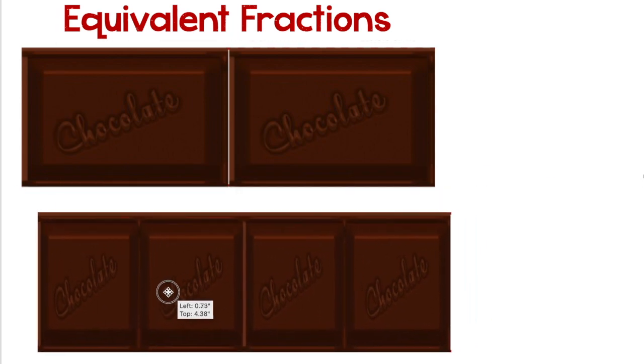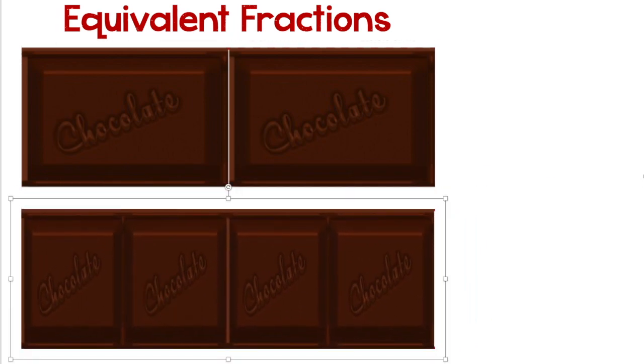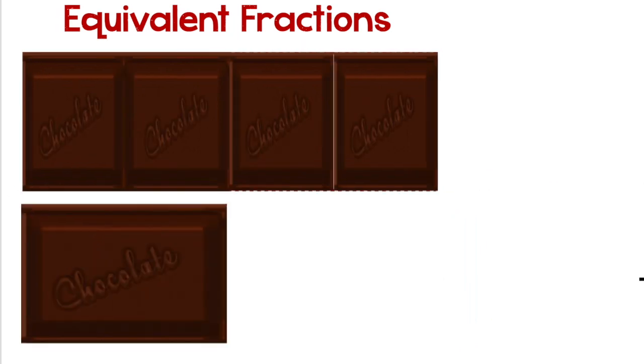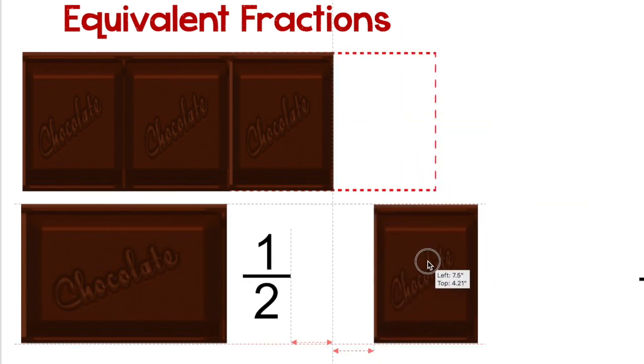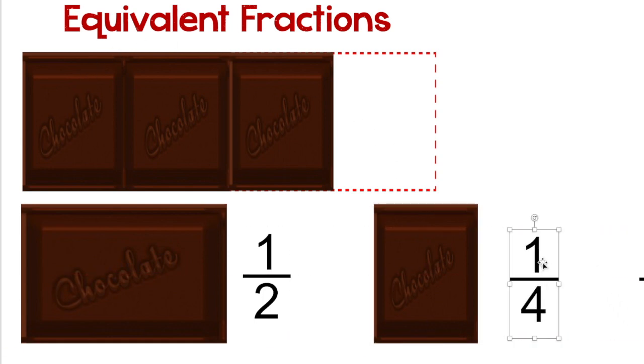So our whole chocolate bars are the exact same size. Well, I decided to have 1 piece of my chocolate bar, so I'm eating 1/2. Mrs. Allen was thinking about eating 1 piece of her chocolate bar. Since her bar is broken into 4 pieces, eating one of those pieces would mean eating 1/4.